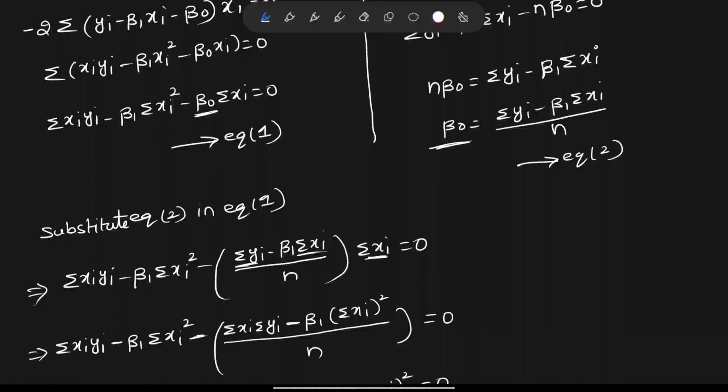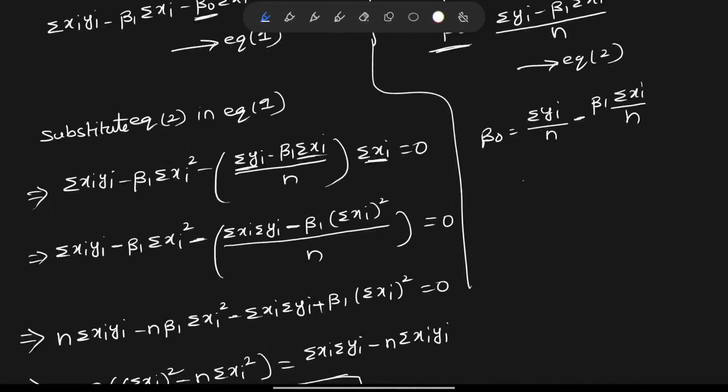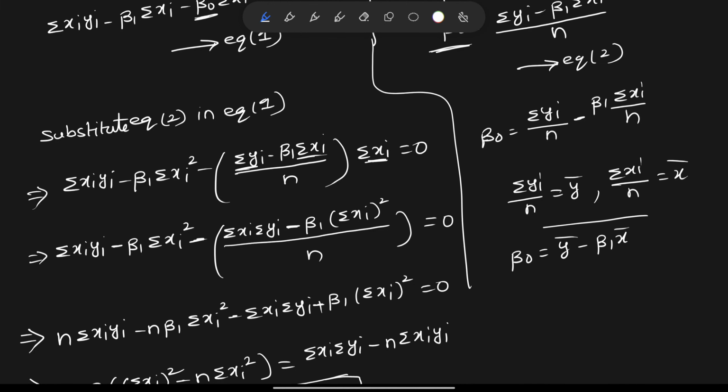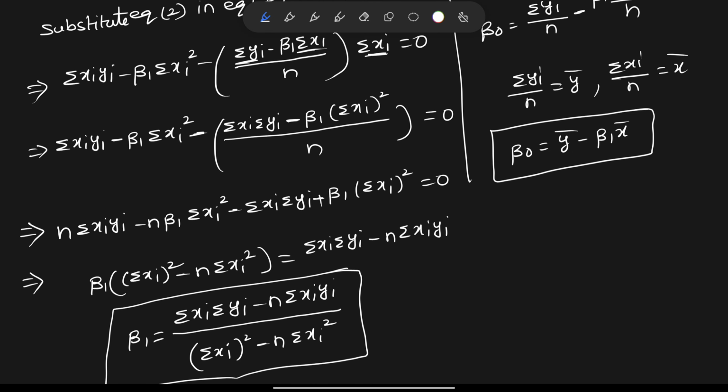Coming to beta naught, we can simply write the summation divided by n as y mean and x mean. The beta naught value will be this. So we found the beta 1 value and beta naught value.